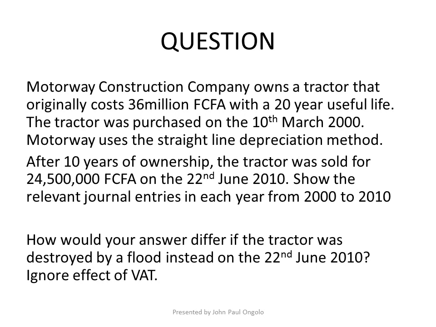You then have the sale of the tractor on that date. And then further, the question asks, how will our answer differ if the tractor was instead destroyed by a flood on the 22nd of June 2010? So let us break down the question into the different stages so that we can see the accounting treatment at each stage of the question.